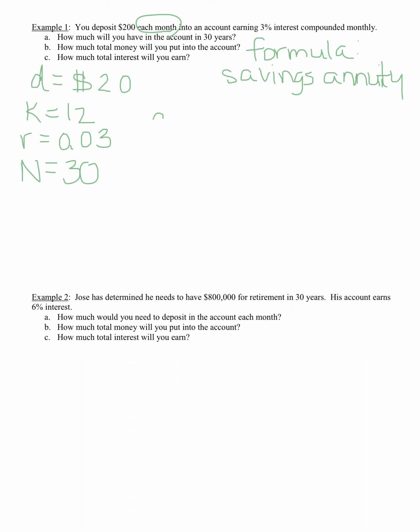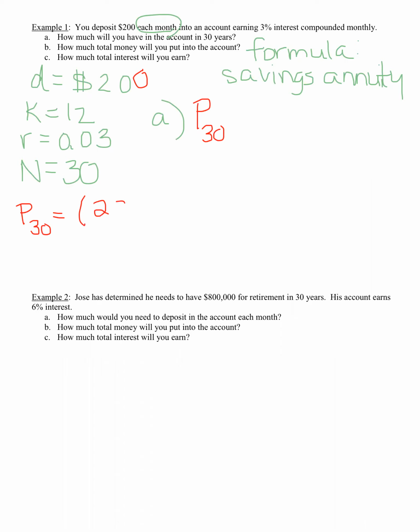So for A, I've got all our information in here. We're going to put all the information into that formula. So I've got it written over here. Oop, our deposit is $200 a month. Sorry about that. So we are trying to look for 30 years from now, how much is going to be in there. So for that, I'm going to do P of 30, representing the amount in the account after 30 years.